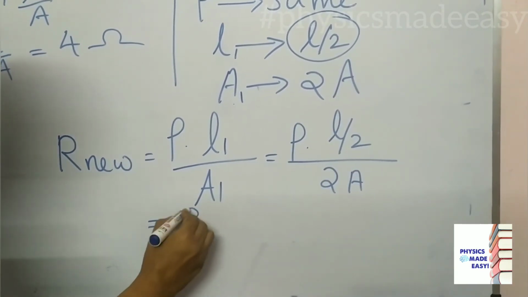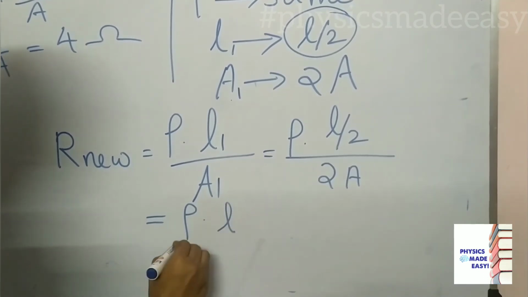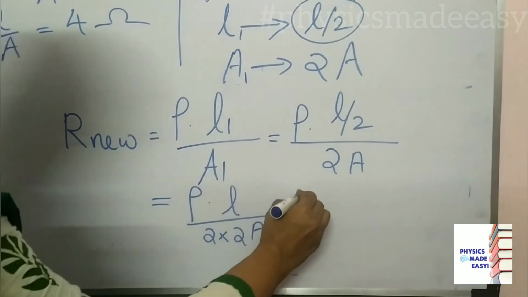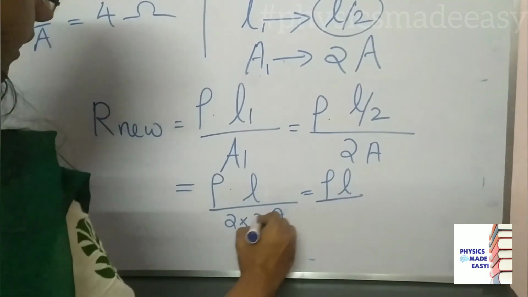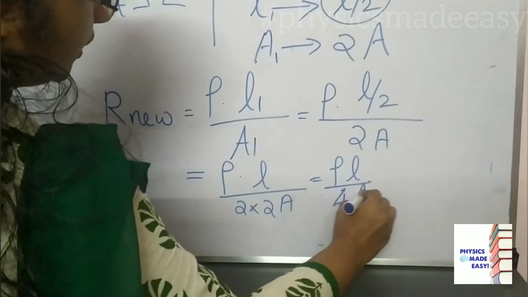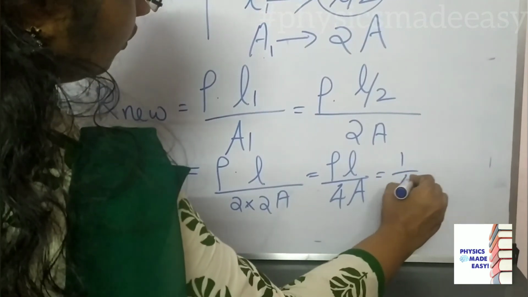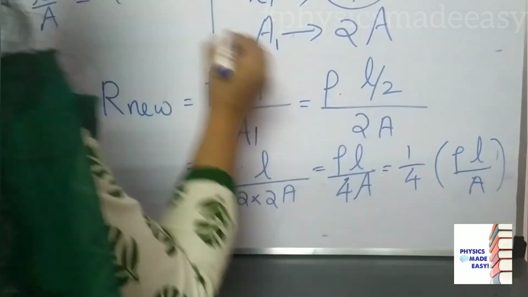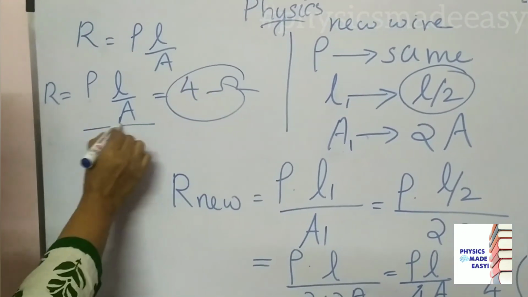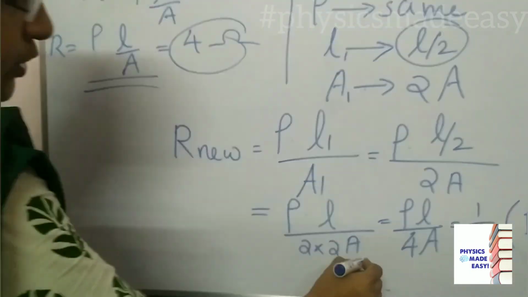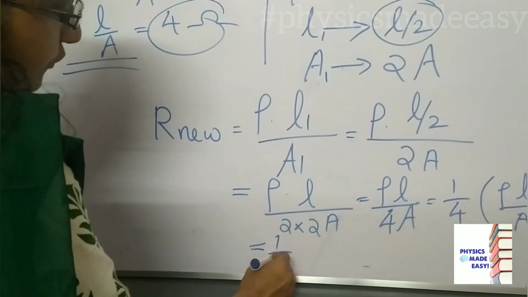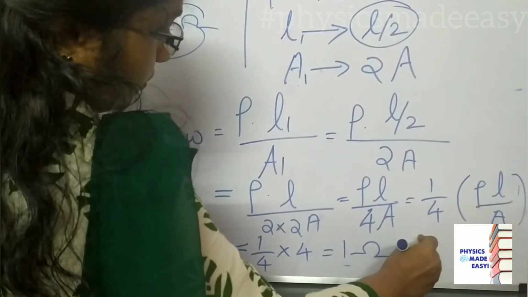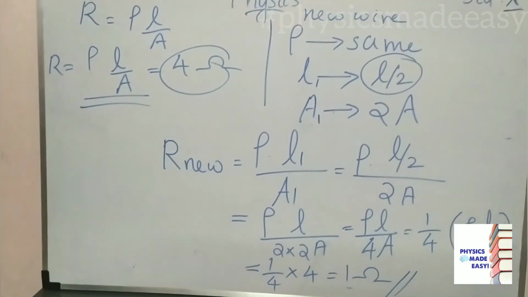R new is equal to rho into L divided by 2 into 2A. This you can write rho L divided by 2 into 2, 4A. That is 1 by 4 into rho L by A. So from here we can write rho L by A is 4 ohm. So here 1 by 4 into 4, that is equal to 1 ohm. 1 ohm is the resistance of that new wire.